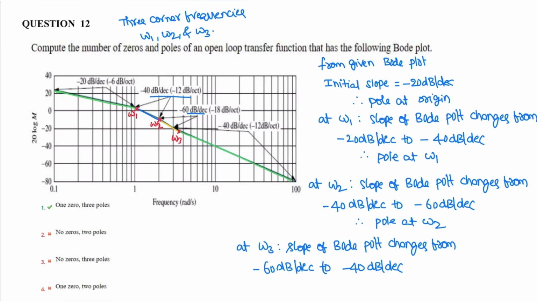Again, at corner frequency omega 3, the slope changes from minus 60 dB to minus 40 dB. Hence, there exists a zero. An increase in slope means a zero in the numerator, at corner frequency omega 3. Therefore, the system has 1 zero and 3 poles: a pole at the origin, poles at corner frequencies omega 1 and omega 2, and a zero at corner frequency omega 3. The correct option is 1.